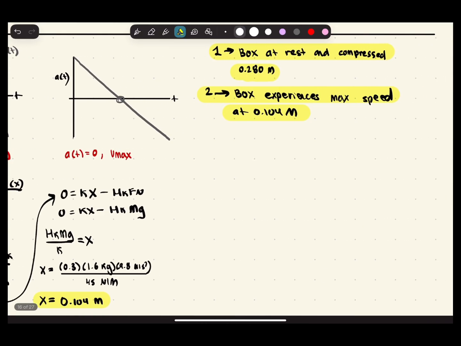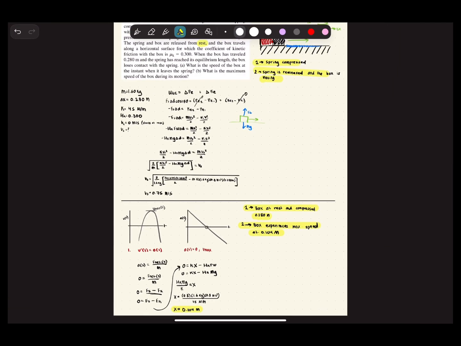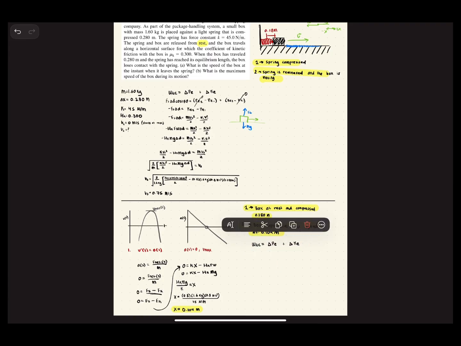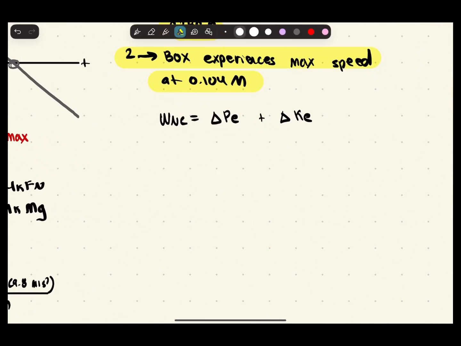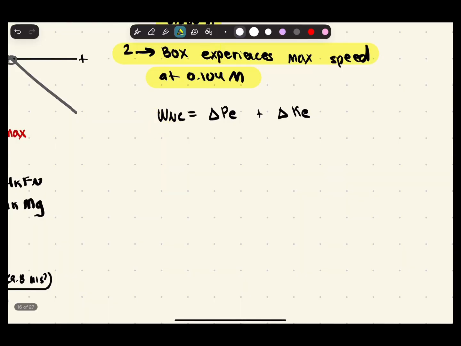Now what we need to do is rewrite our energy equation. Let me just copy it over here. Same story as before: work done by a non-conservative force equals the change in potential energy plus the change in kinetic energy.